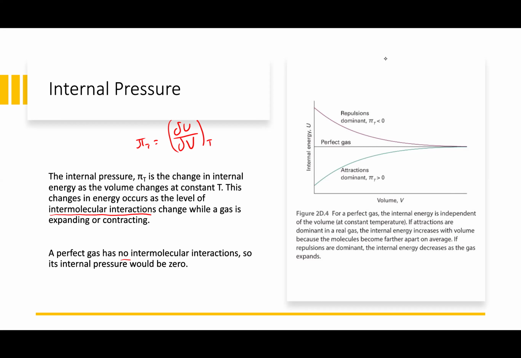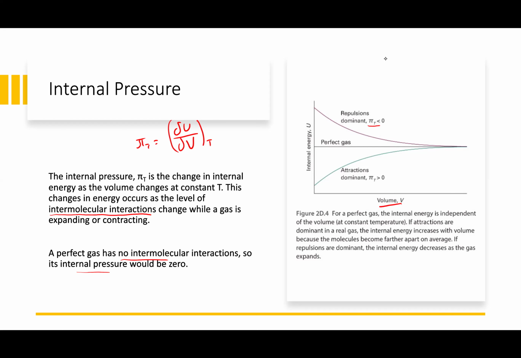Now, in a perfect gas, there's no intermolecular interactions, so the internal pressure would be zero. There would be no change. But in real gases, we're going to have a lot of difference. So for instance, as we compress something closer and closer, eventually the repulsions are going to be dominant, and as our volume gets smaller, our internal energy is also going to change.